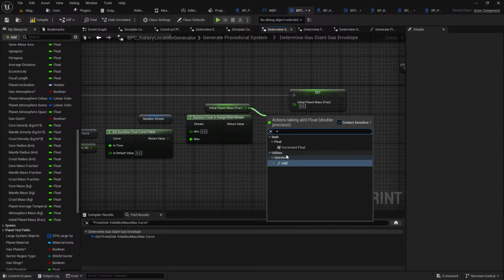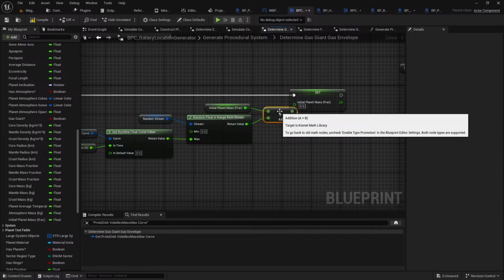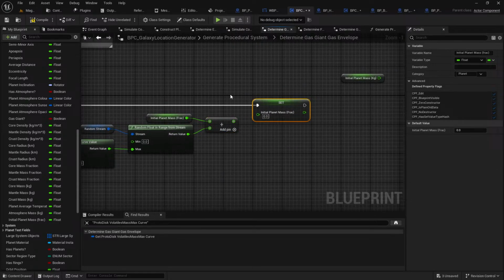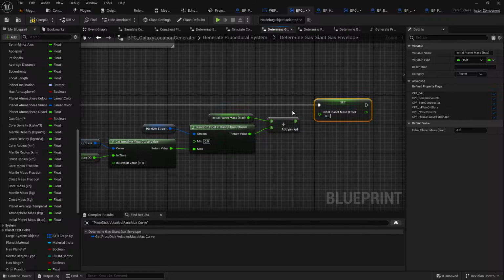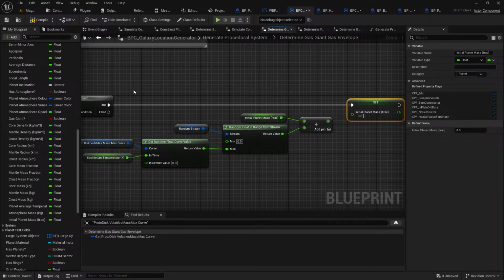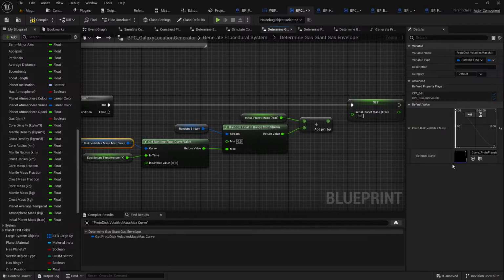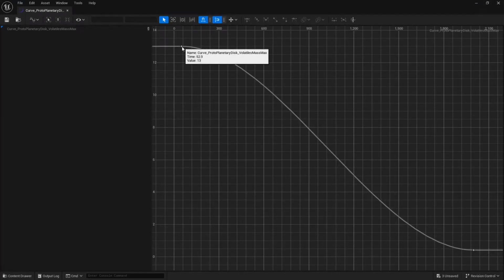So that plus that. Ooh, actually, I've just thought of a flaw in my cunning plan. This curve is based on Jupiter masses, not Earth masses, so I just need to do a conversion on that.